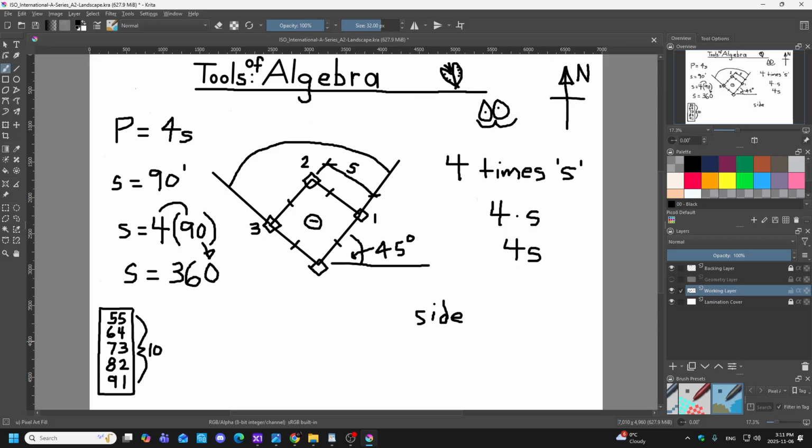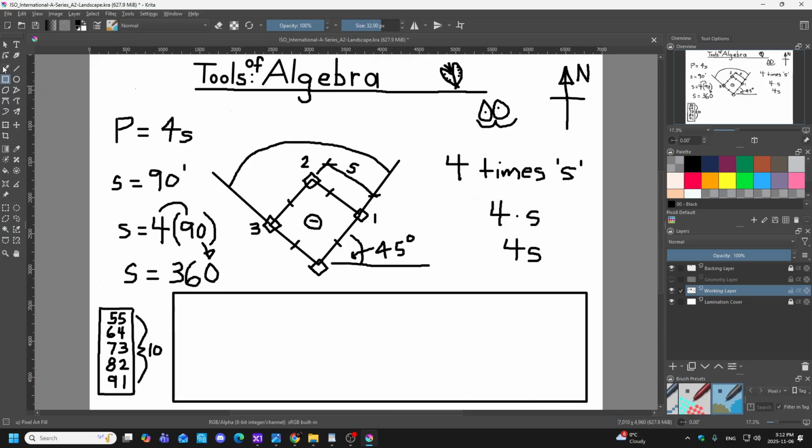An algebraic expression. Now, don't let these big fancy words scare ya. They're just words. It consists of one or more numbers and variables along with one or more arithmetic operations. Here are some examples of algebraic expressions. Five x, 3x minus 7.